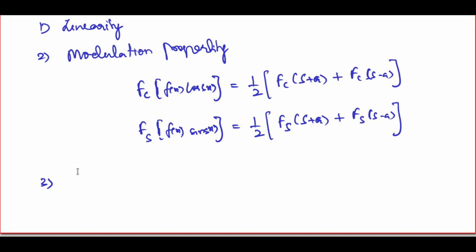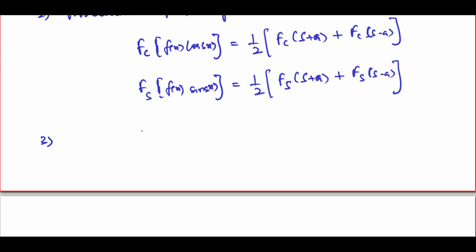There are two more properties that I can write as well. The Fourier cosine of f of x into cos ax is equal to this, and similarly, we can write the Fourier cosine of f of x into sine ax, which is the same thing but with a minus.